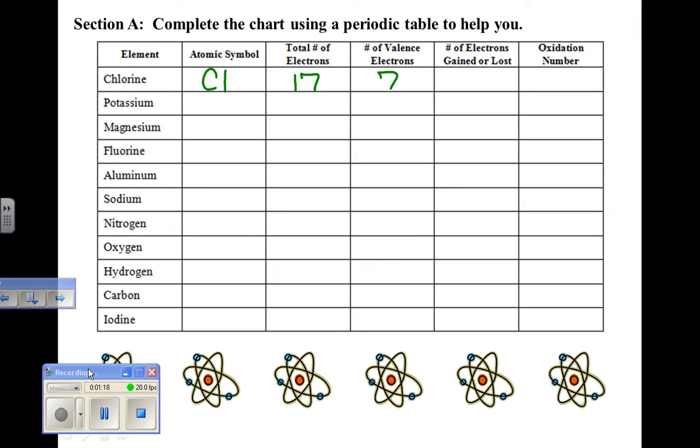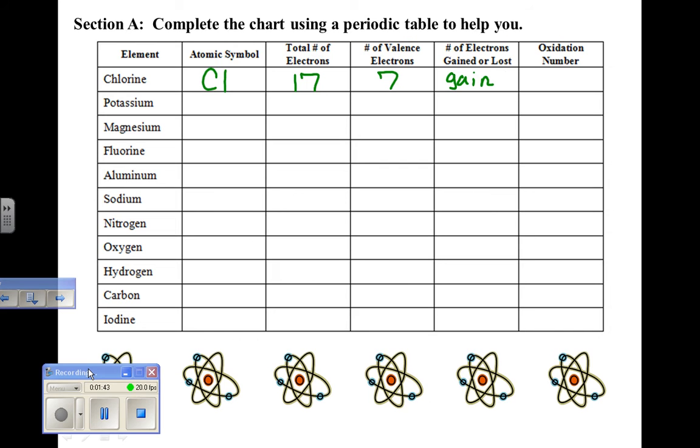Okay, so remember, they either want 0 or 8. So what is chlorine going to do with its last energy level? Is it going to lose 7 or gain 1? Gain 1. So in this column, write gain 1. Now, the oxidation number.